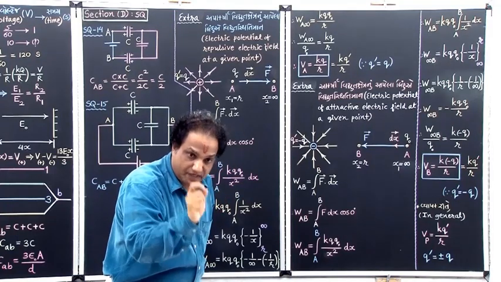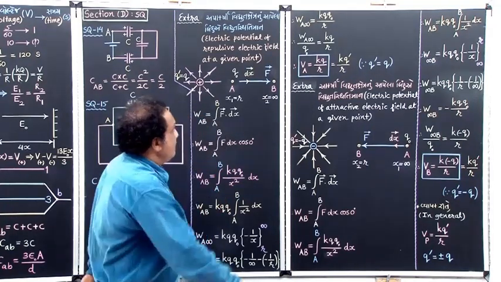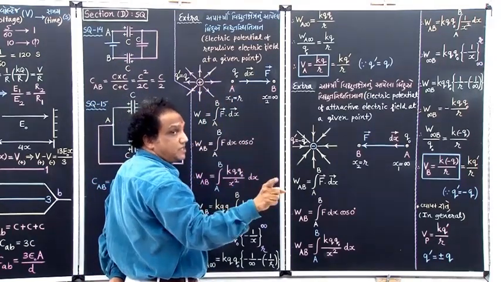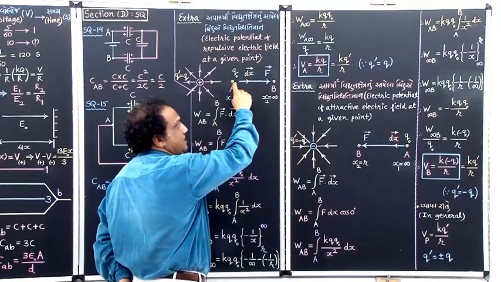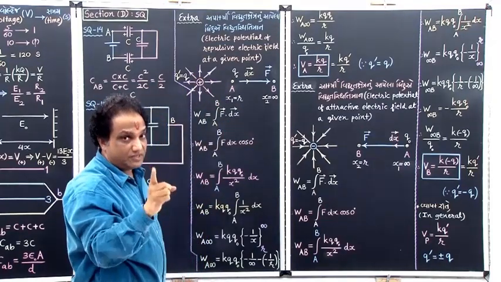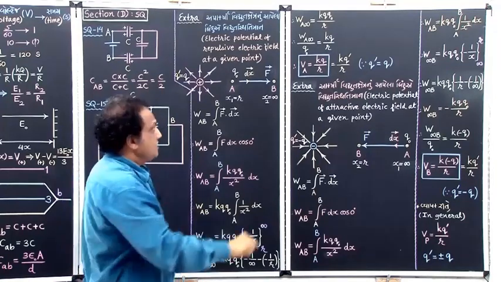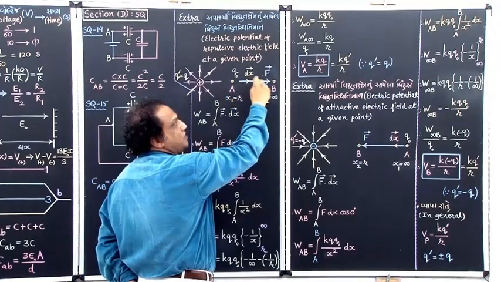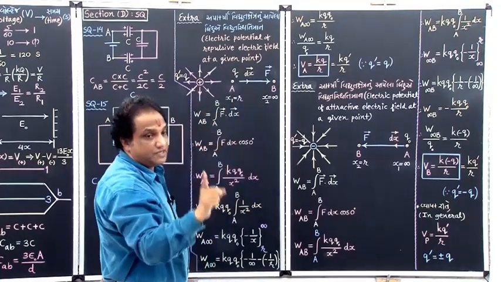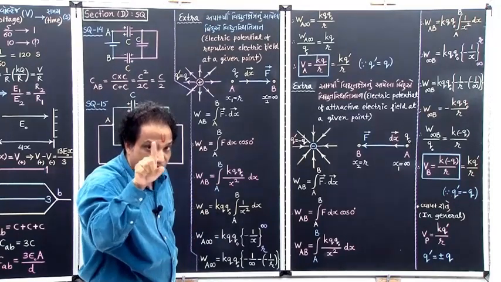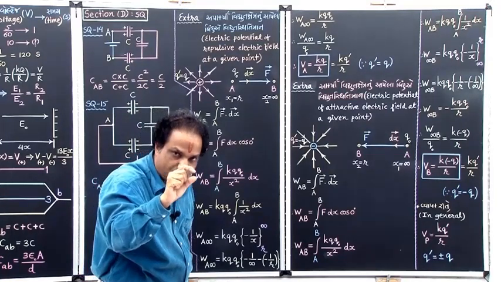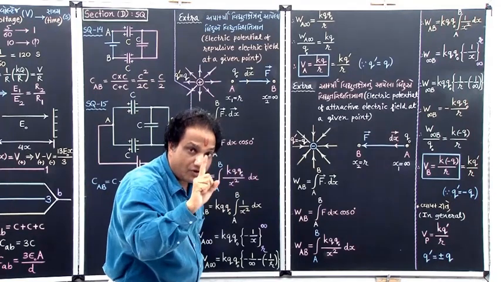Then, when the electric force is exerted this way, we must also continuously exert an external force on this test charge in the opposite direction with the same magnitude. Then, during the displacement of the test charge, it is constantly acted upon by two oppositely directed forces of equal magnitudes. So the resultant force would be 0, the acceleration will be 0, and it can move with constant velocity. Then it is said to be moving under equilibrium.